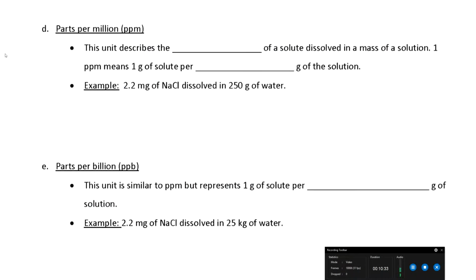Now these ones, I would think you've heard parts per million and parts per billion at some point in your life. This is sometimes used to measure, for instance, how much of a pollutant is in an environment, like in the air or in a water body. Parts per million or parts per billion.